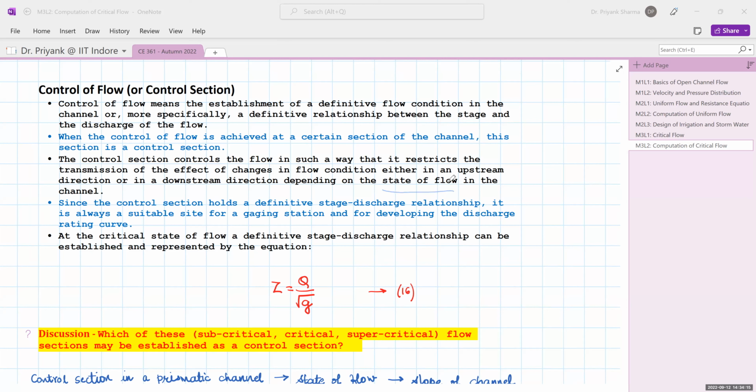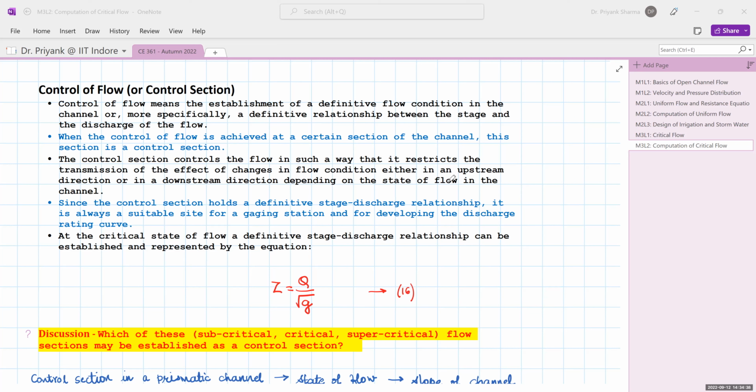So if any changes are happening in the flow, so let us say you have a sluice gate. With the help of the sluice gate, if you lower or raise the sluice gate, you can change the flow conditions. That is, if you lower the sluice gate, the downstream depth will decrease. If you raise the sluice gate, the downstream depth will increase, and correspondingly the upstream water level will also change.